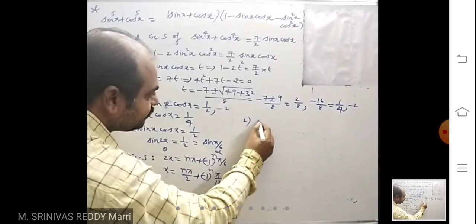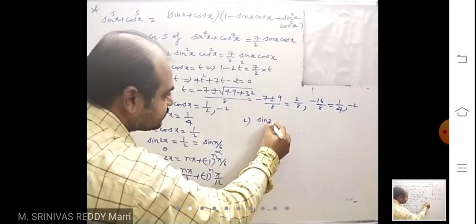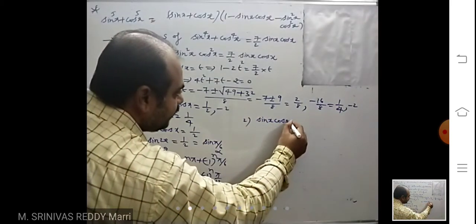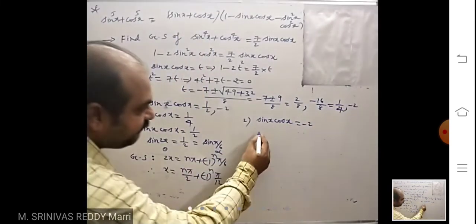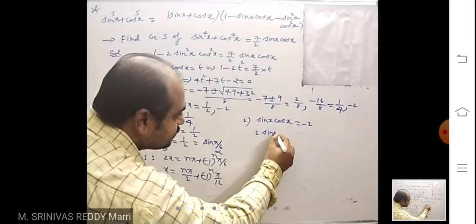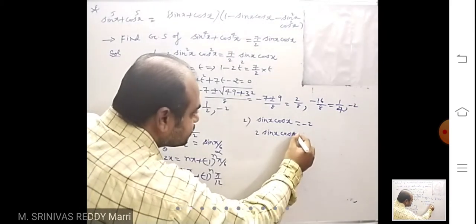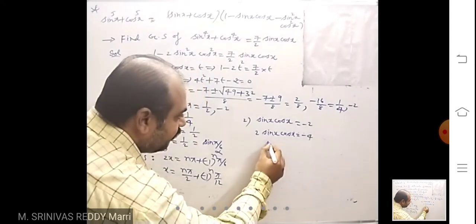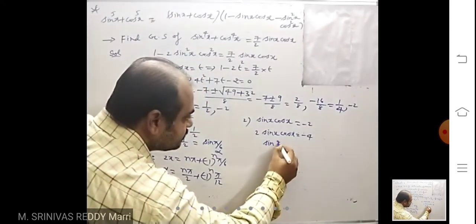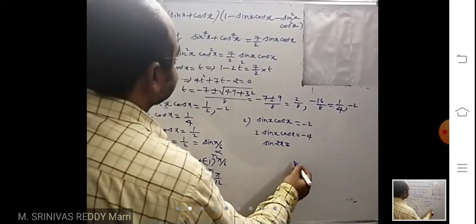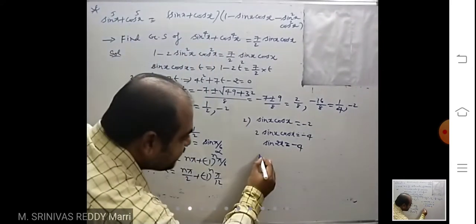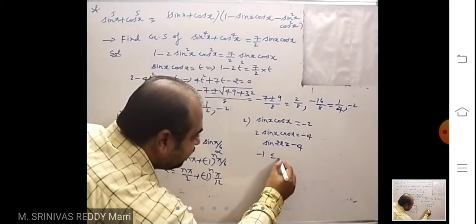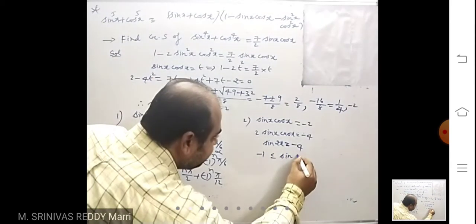Second case, you take sin x cos x equal to minus 2. Multiply with 2 on both sides. That means 2 sin x cos x equal to minus 4, so sin 2x is nothing but minus 4.